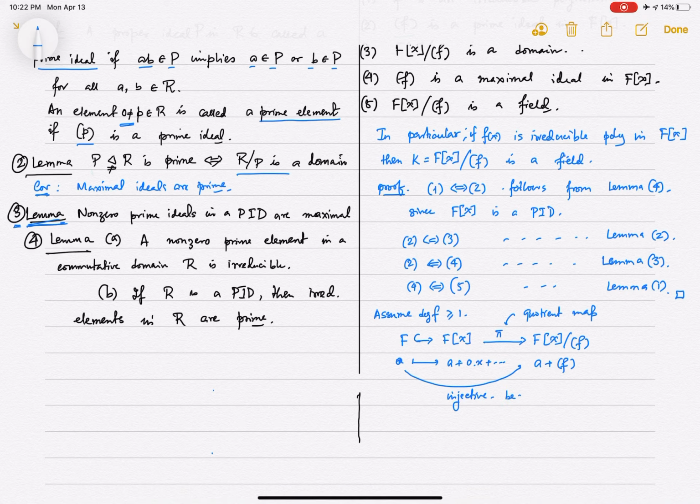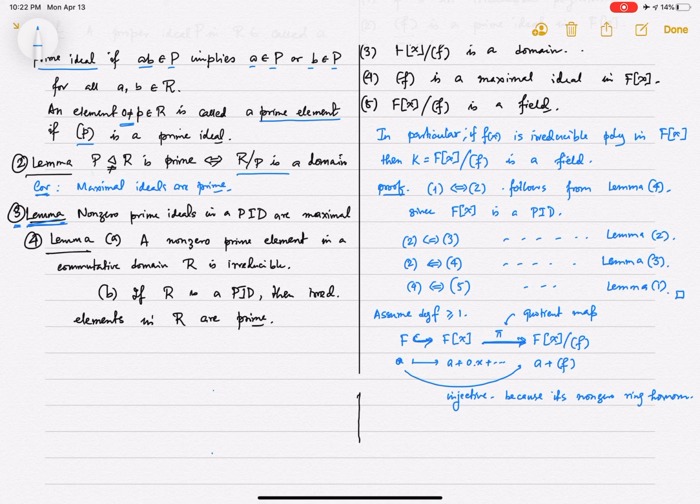This is injective because it's a non-zero map, and it's a homomorphism because both these arrows are ring homomorphisms. So this is a little remark I don't know if I made before, but non-zero ring homomorphisms from a field have to be injective.